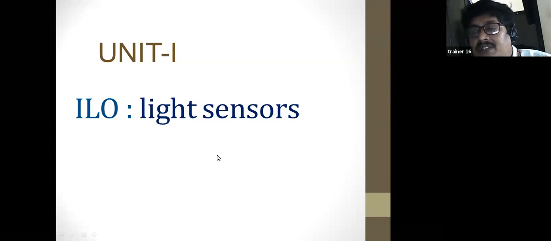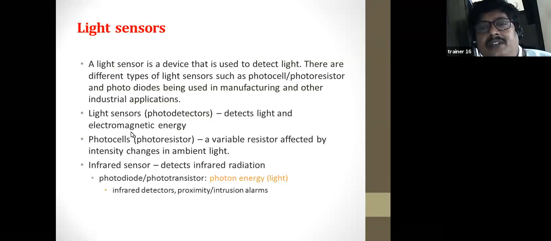That means it detects light or radiation. There are different types of light sensors: photocell, photoconductive cell, photoemissive cell, and photoresistor. Photoresistor or photocell, we can call it either.